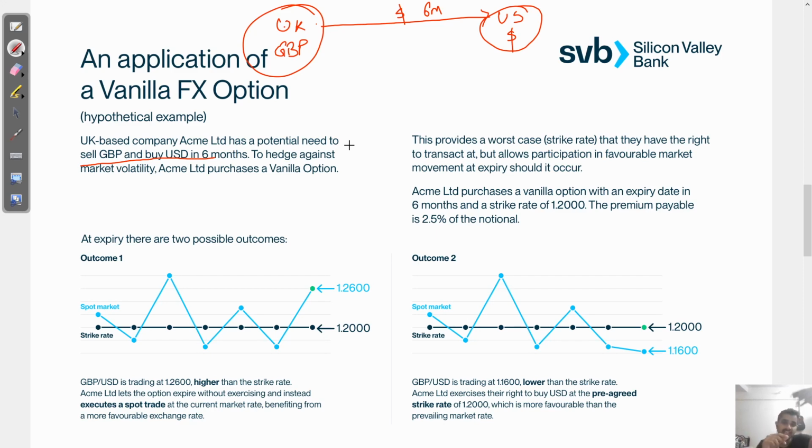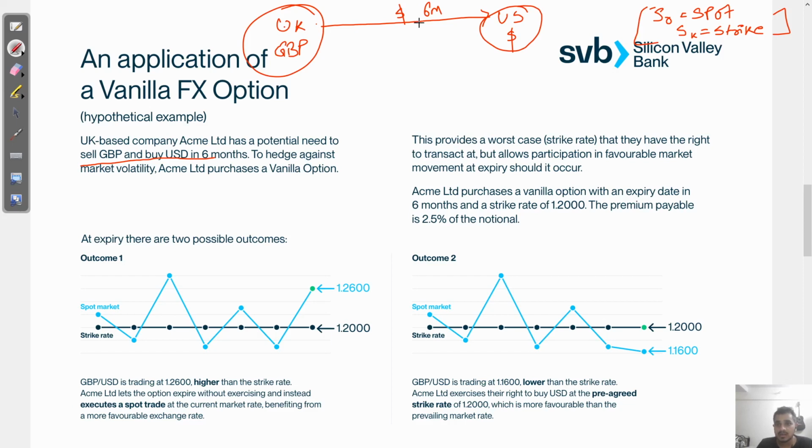So in order to hedge that, it gets into an option contract today for a period of 6 months. For the sake of notation, I will be using SO for spot and SK for strike.